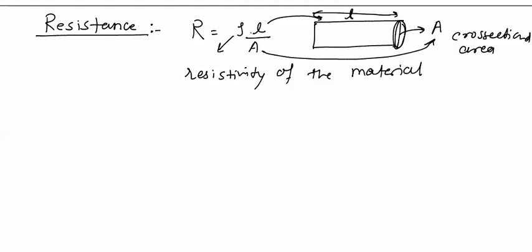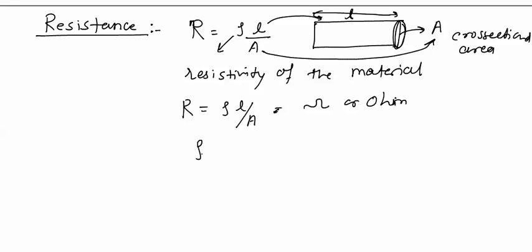We know the equation of resistivity for intrinsic, n-type and p-type semiconductor. So calculating the resistance for different types of material will not be much difficult if we know the equation for resistivity. Also, the unit for resistance is ohms.